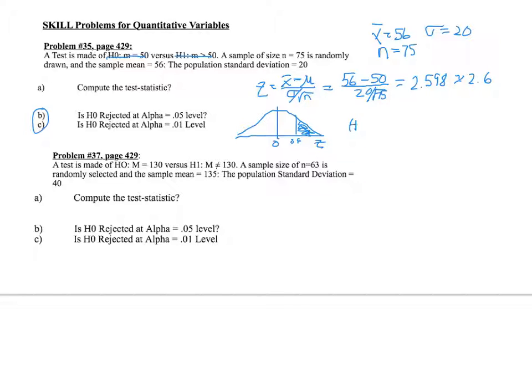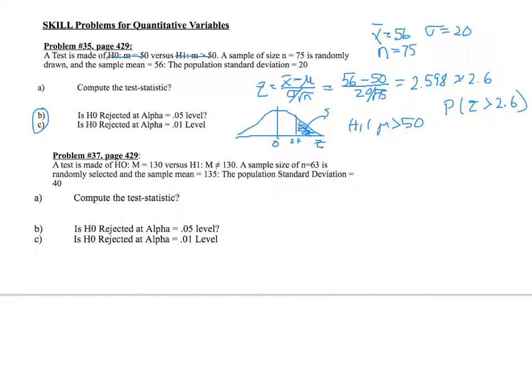Because H1 says mu is greater than 50. So we're looking at the probability that z is greater than 2.6. But from the table, we can't look at it that way. We've got to look at it in the opposite way.